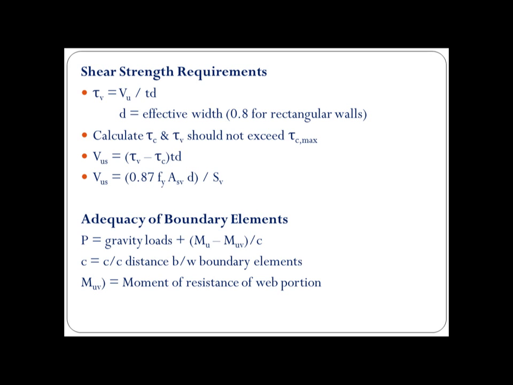A couple is created, so it will be plus and minus. So Mu minus Muv, where Mu is the total moment resulting from the loads, and Muv is the moment of resistance of the web, upon C. C is the center to center distance between the boundary elements.